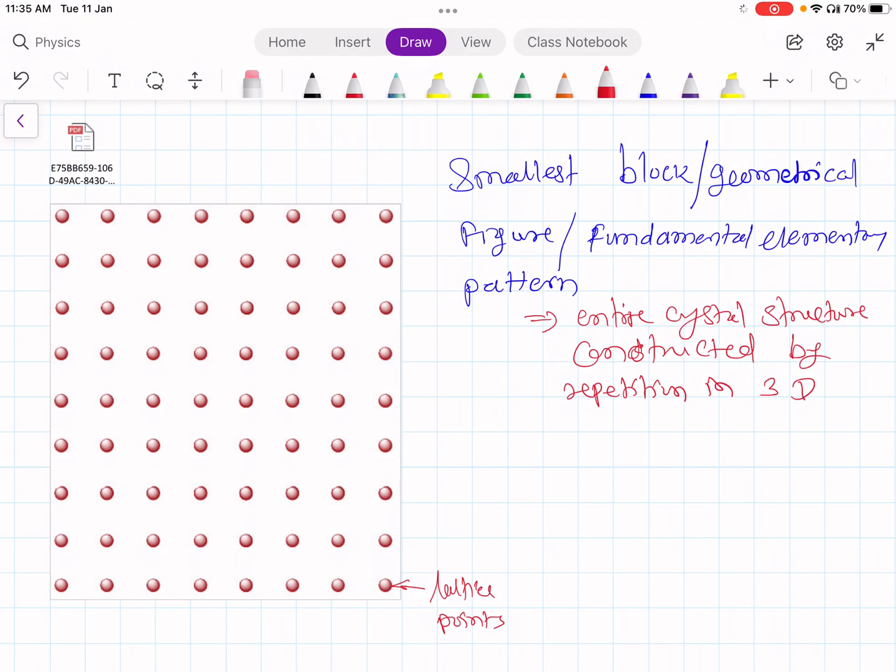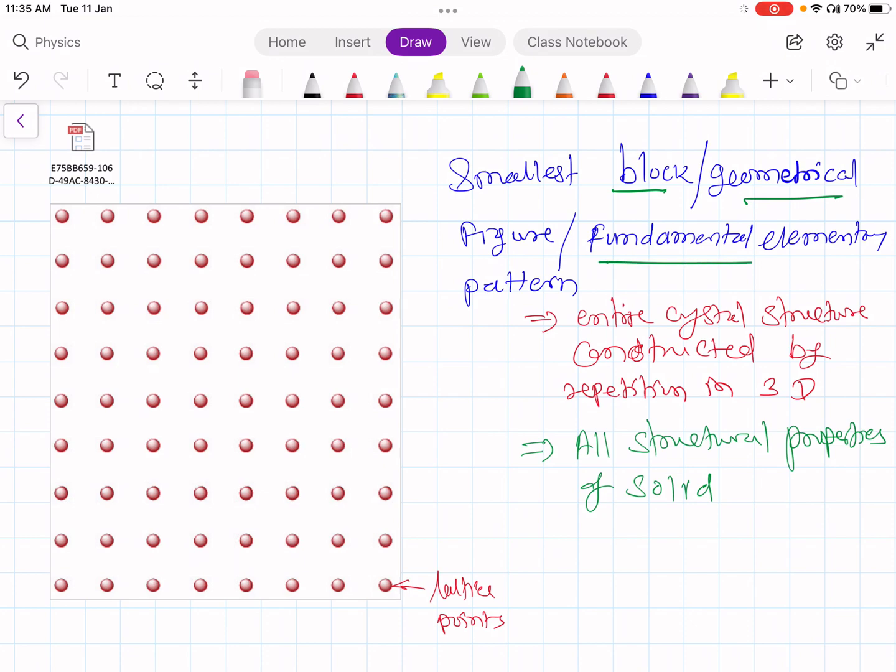And this smallest geometrical figure has all the structural properties of the solid. If the smallest block, geometrical figure or fundamental elementary pattern has all the structural properties of the solid, then that smallest block is called the unit cell.